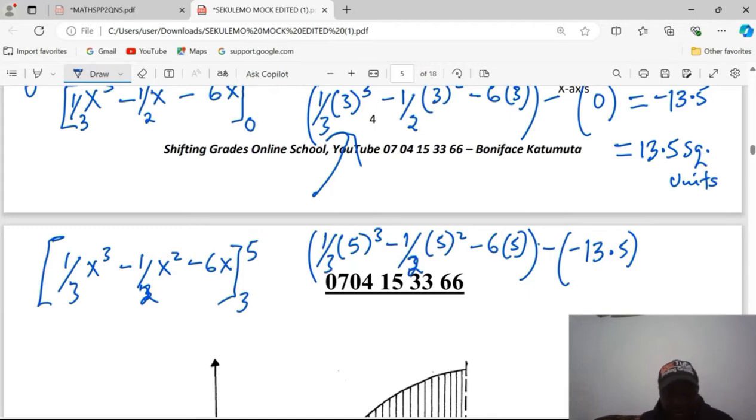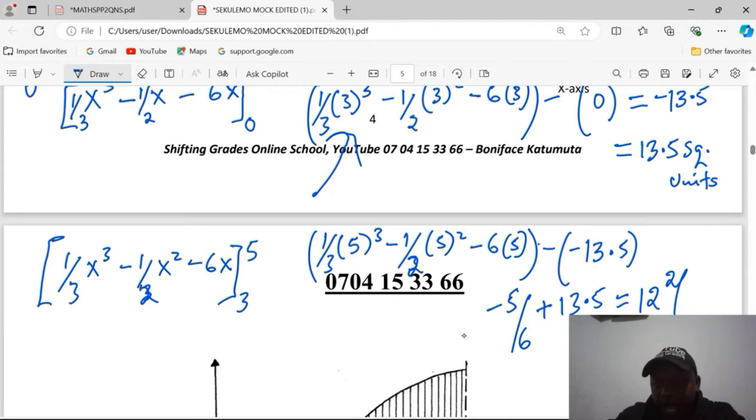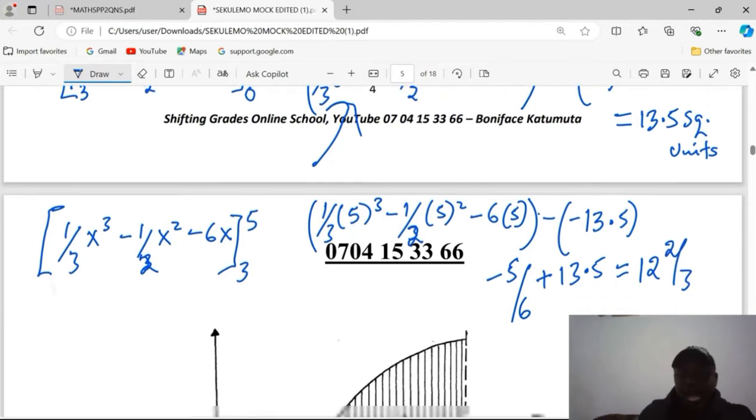This is giving me negative 5 over 6. So we will have negative 5 over 6 minus negative 13.5. Minus negative, it becomes positive. So I add 13.5. This becomes 12 and 2/3 square units.